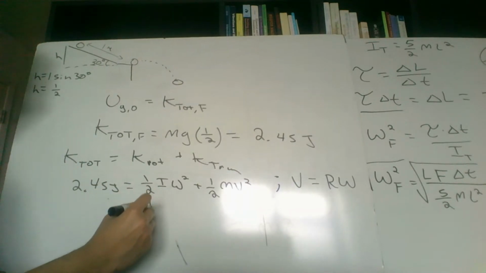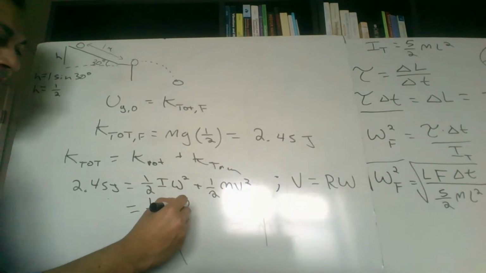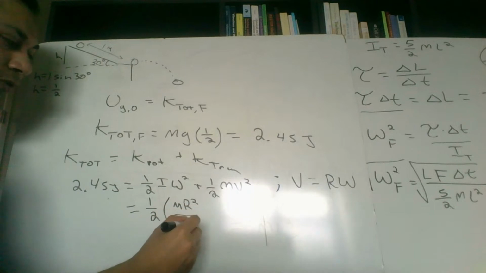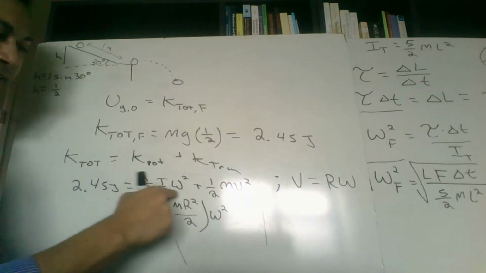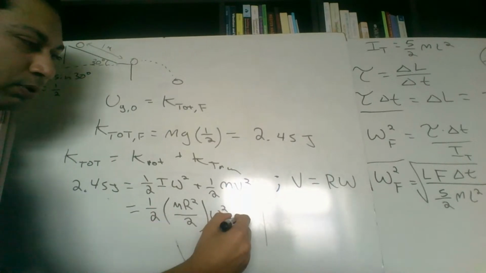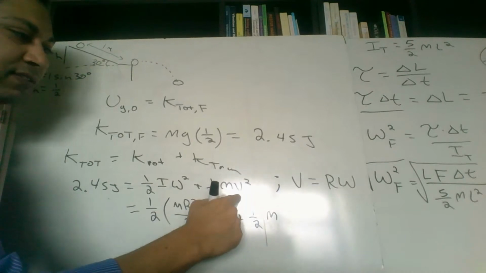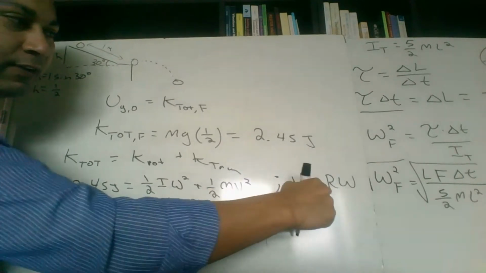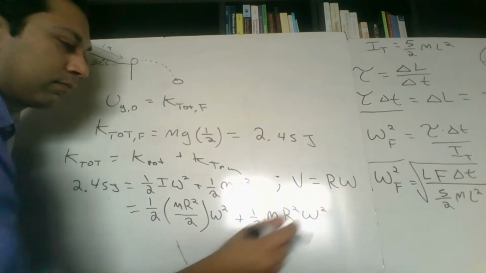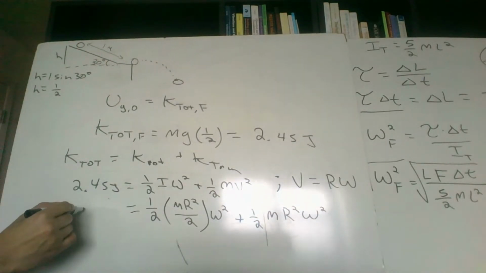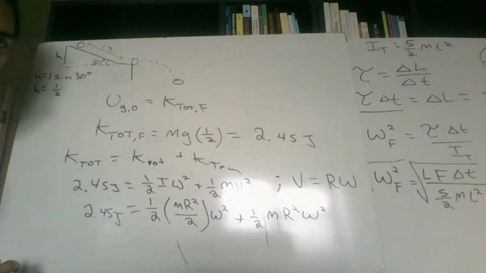So you have 1/2 mr squared divided by 2 times omega squared. So that's this term right here, plus 1/2 m. And instead of velocity squared, we're going to have r squared omega squared. And all of this is equal to 2.45 joules.